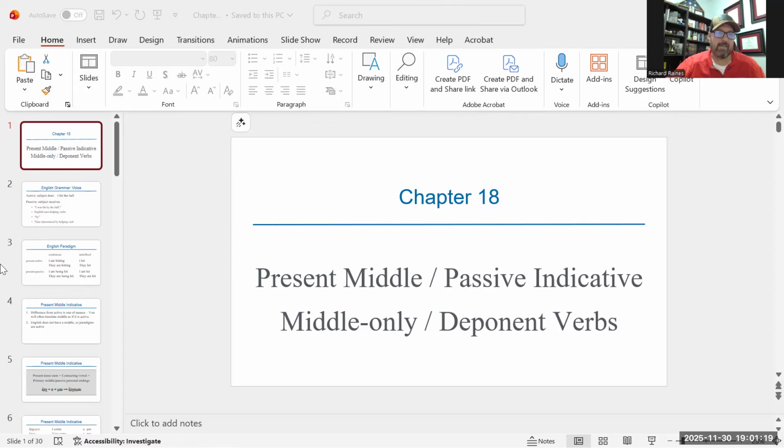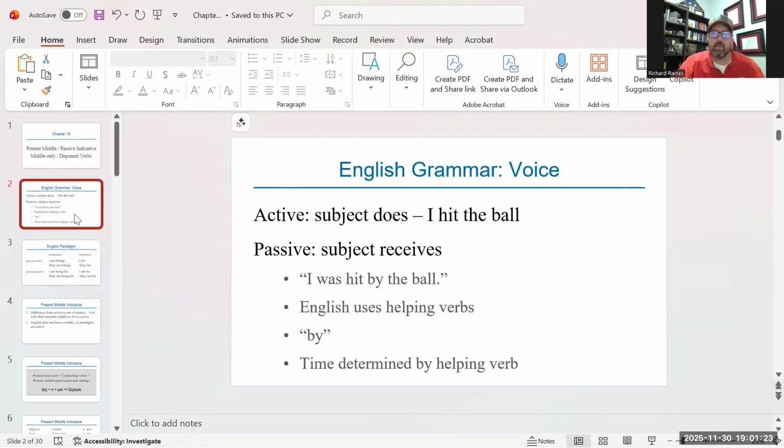middle, and passive. So just by way of review, in the active voice in English, and this plays out to some extent in Greek too, but in Greek you have the middle voice. But in English grammar, when it comes to verbs, we have active and passive.